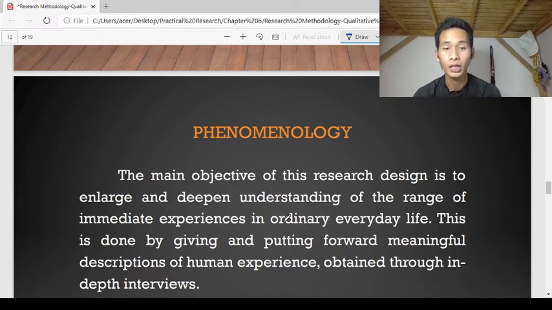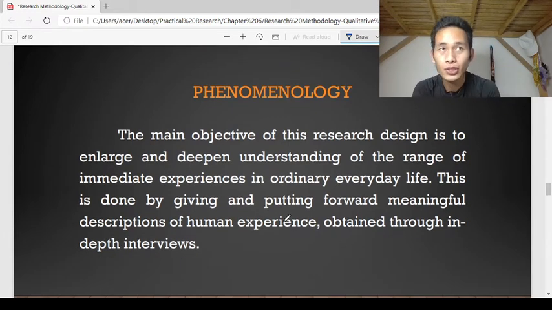qualitative research is phenomenology. Phenomenology is actually a method used in the field of philosophy. Phenomenology is a scientific study of phenomena, appearances, and by studying appearances and a person's consciousness, you can have a deeper understanding of the phenomenon under study.